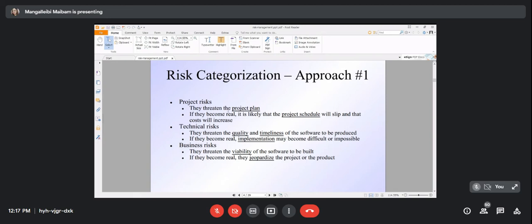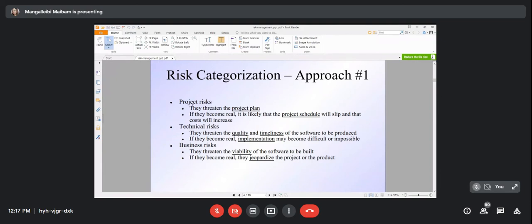Project risk, in the sense that it will threaten the project plan. If there is any problem in the project plan, this may delay your project schedule and your completion time. If it is delayed, then the cost of the particular development project may increase.